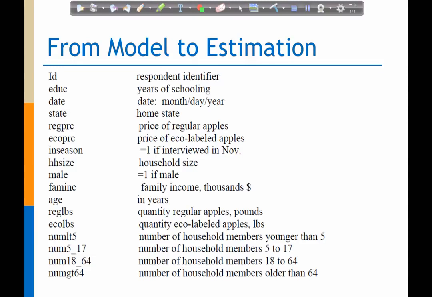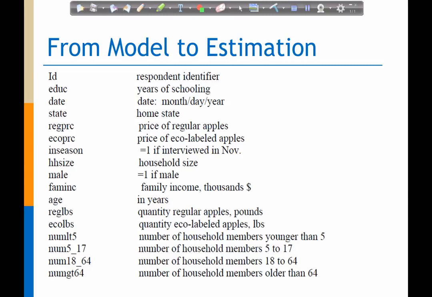So here are some variables in my data set. I have an ID number, education, which is the years of education, the date of the interview, the state where the family lives, the price of regular apples, and the price of eco-friendly apples. I have a dummy variable that indicates whether or not it was November, when apples are perhaps picked.